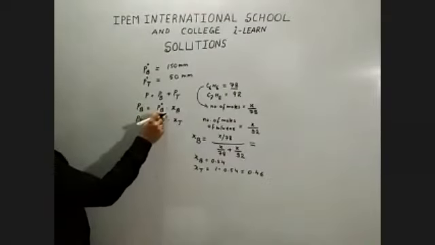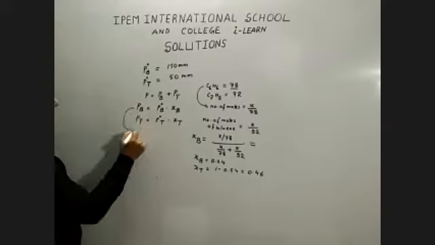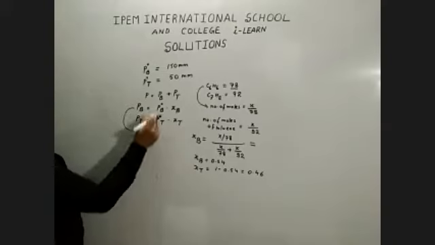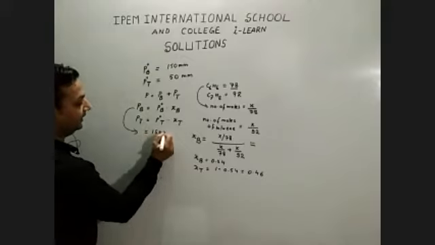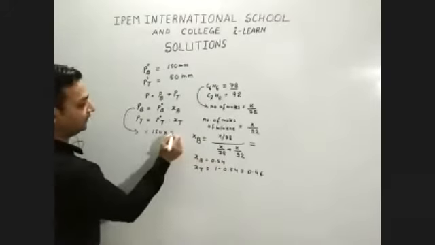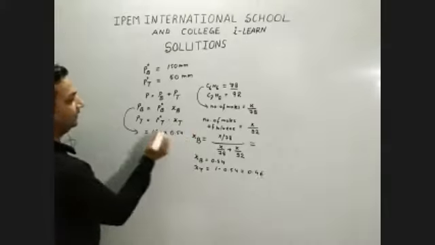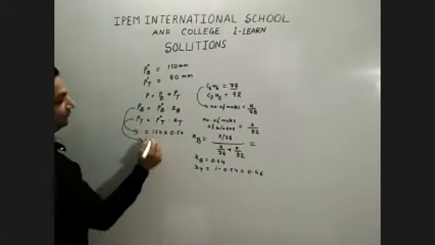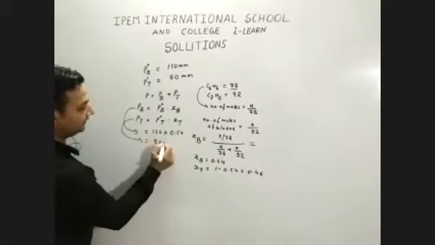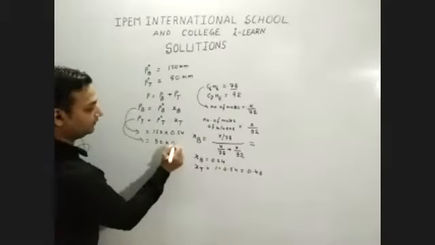Now we'll put it here. PB we will get as P naught B, 150, into 0.54, and PT, 50, into 0.46.